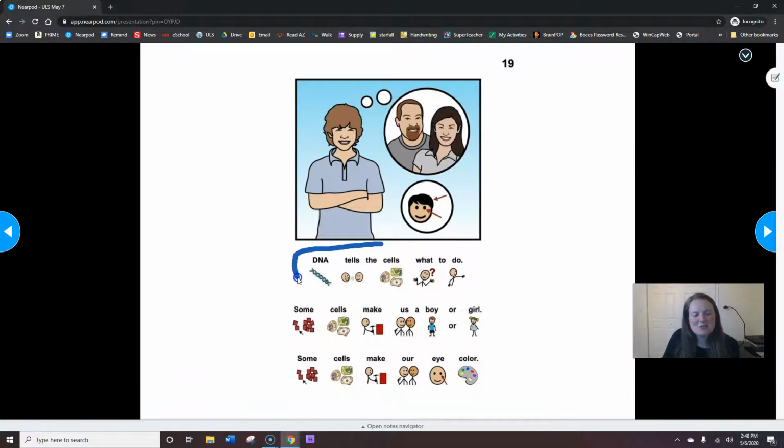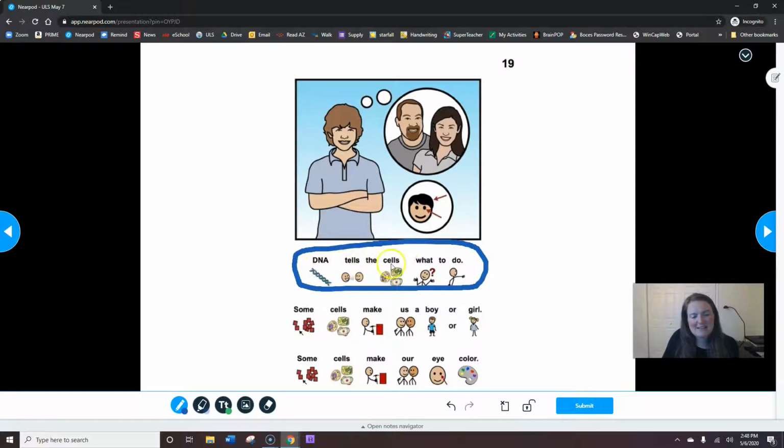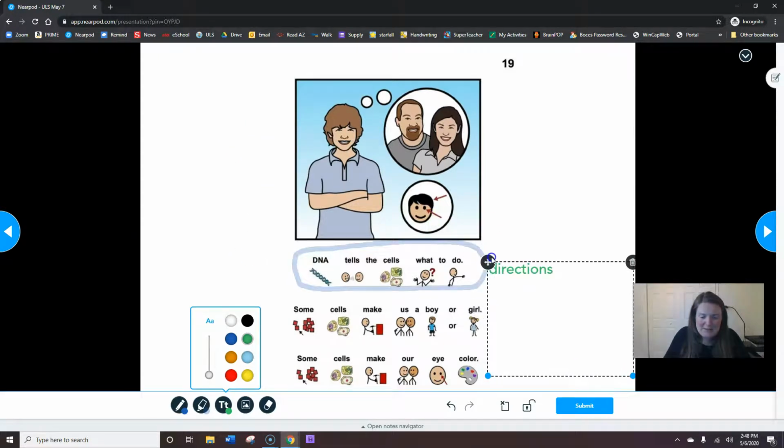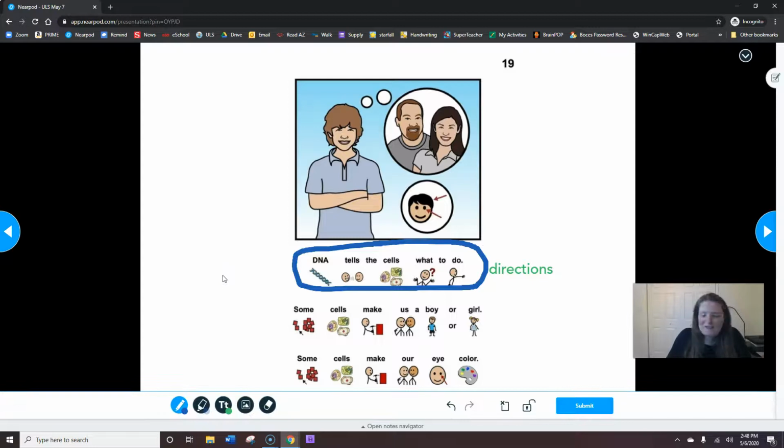So let's circle the whole first sentence. DNA tells the cells what to do. We learned last reading that what it's really doing is giving directions, like all of you are good at following directions. I wrote that as a note. You do not have to write in directions. DNA tells cells what to do. That's important to know. When you're done circling the first sentence, hit submit.